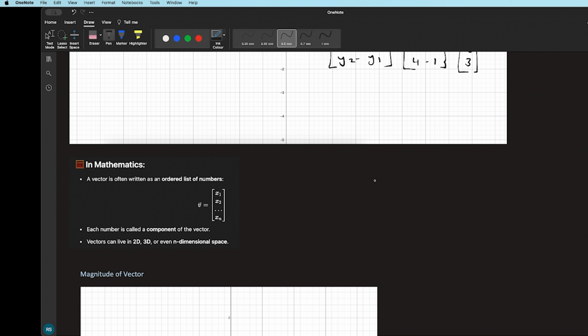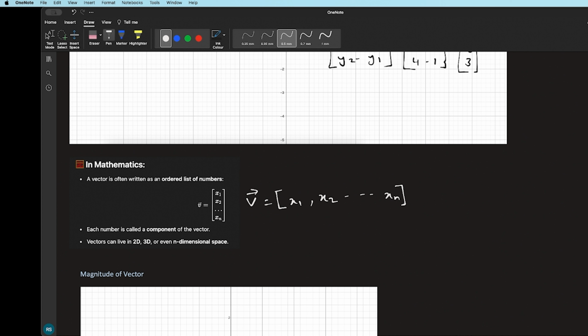We cannot visualize that. We can also write the vector like this: x1, x2, up to xn. So this is called a vector in n-dimensional space.